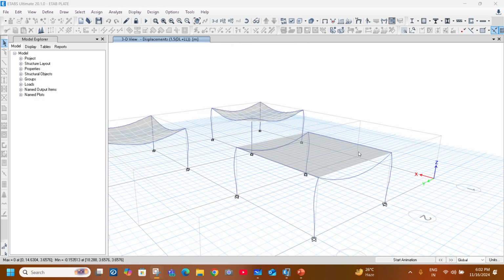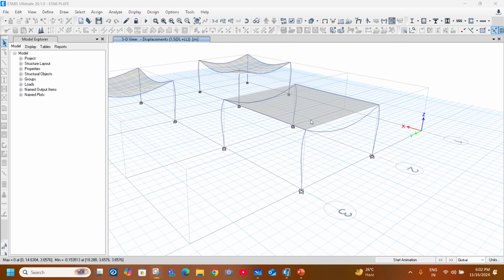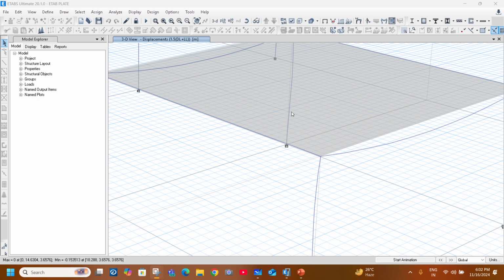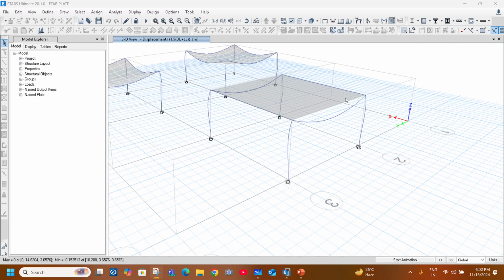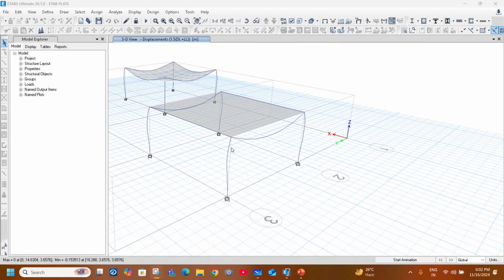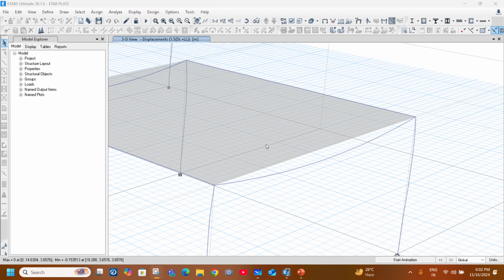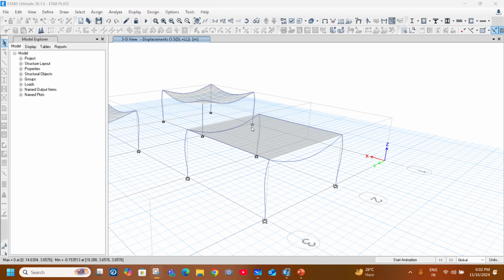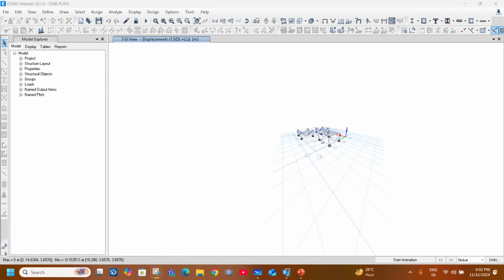And now look at this, there is no deformation in case of membrane. Everything is transferred to the supporting frame, that means beam and column. There is very little deformation at the ends, that means these are the joints.